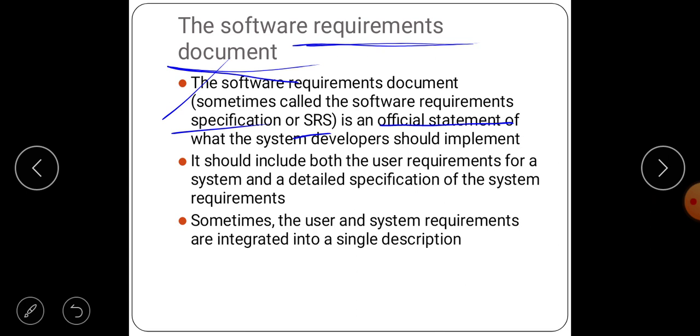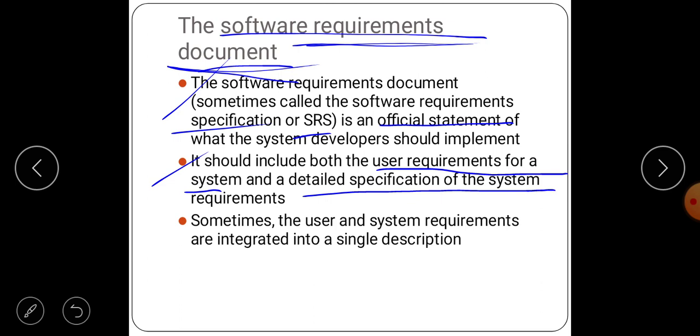I mean it is like an agreement on what the developer should implement. It should include both the user requirement for a system and a detailed specification of the system requirement. It contains the user requirements for a system and the detailed specification of the system requirements.